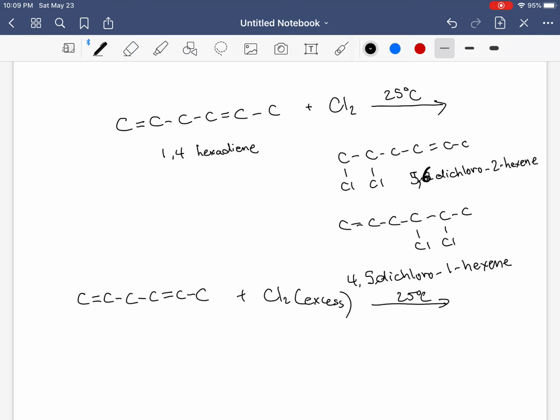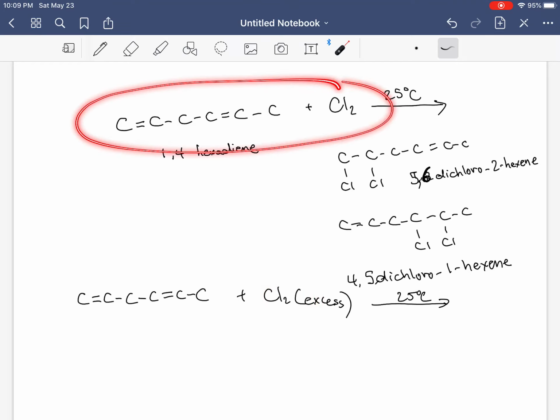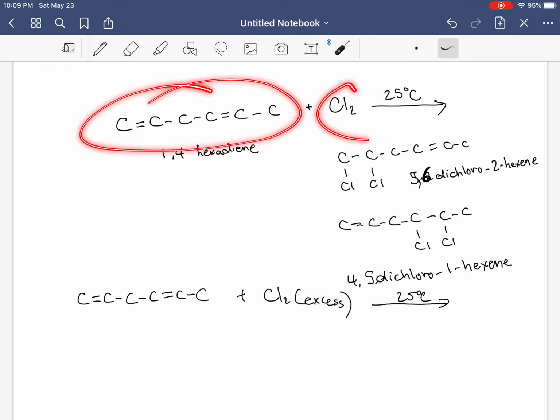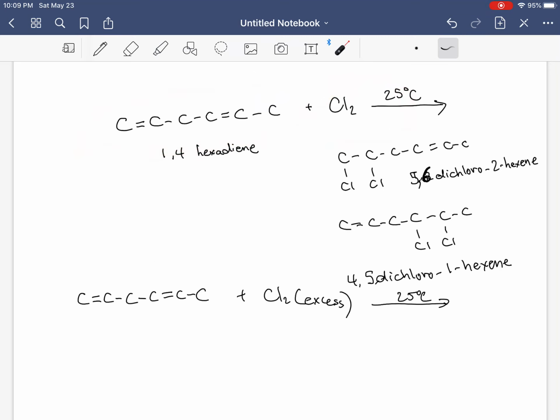Because this guy is in excess, that means I have many of these to potentially react with many of these. Or it could be just one of these. So the way we use excess here is that we have a lot of chlorine gas, not just for this example where we have one of these and one of these. So your answer will be this, and theoretically you should say or this.